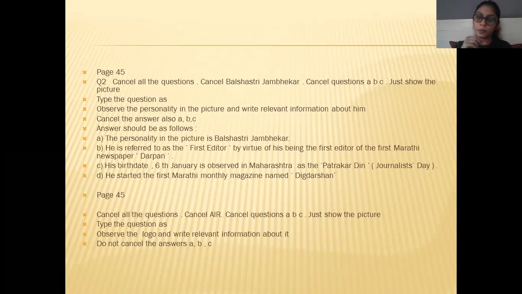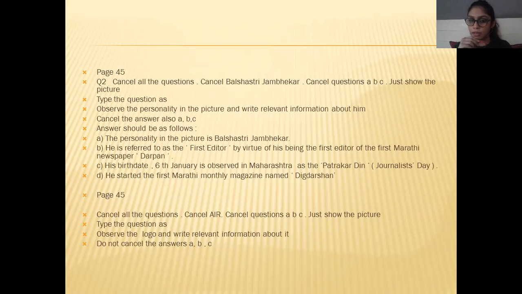Now, page number 45, cancel all the questions. Cancel AIR, that is All India Radio. Cancel the A, B, C questions. Just keep the picture study there.